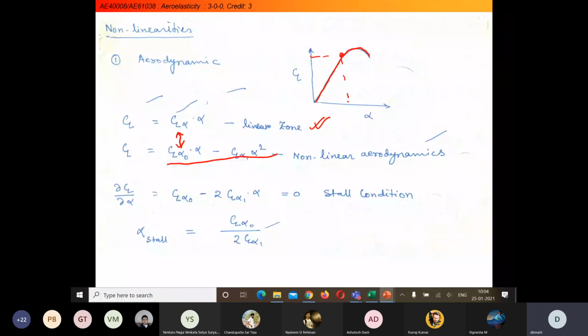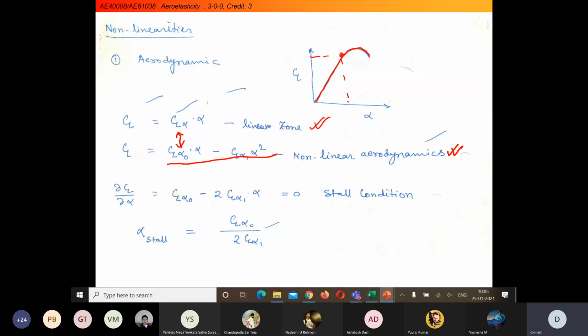I have taken the minus because CL is decreasing after a certain value of alpha, so with increasing alpha the CL will decrease. That is the quadratic nonlinearity we have considered. Now, as CL is varying quadratically, if we take the slope del CL by del alpha, at some point it will become 0.